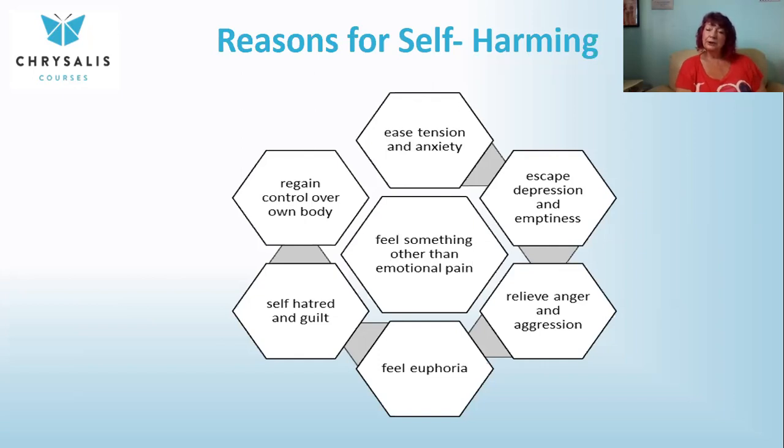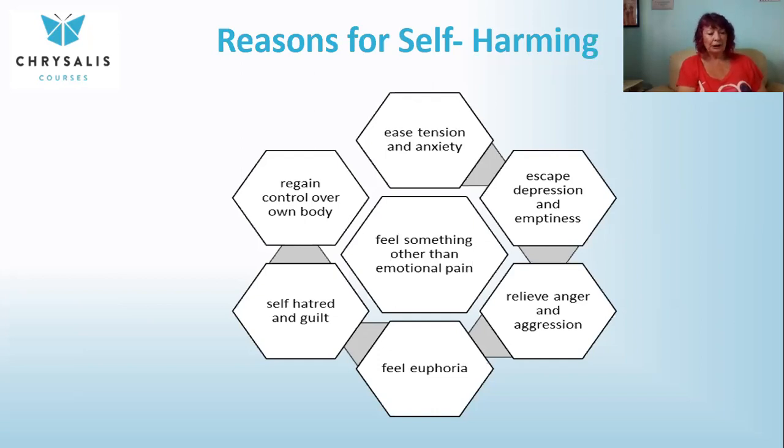But although self-harm normally starts in teenage years, it can remain as a coping strategy long into adulthood, the same as addictions. So we need to bear that in mind. It's not only young people that do it.